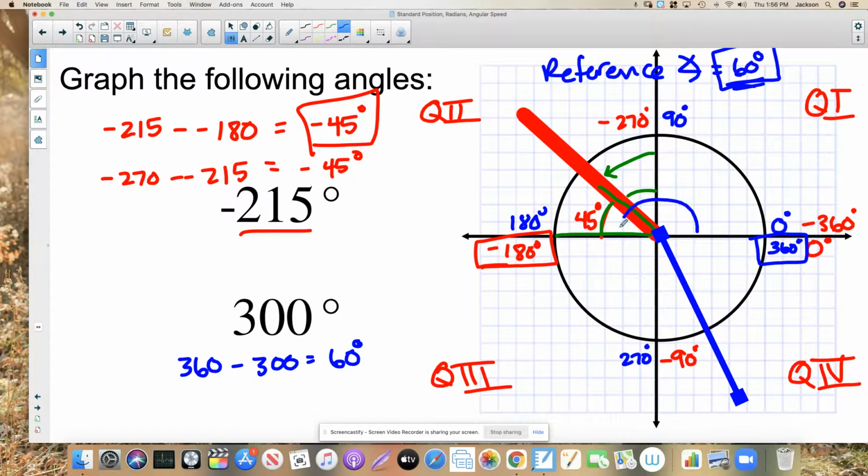You would say it's 300 or it's negative 60. So again, reference angles are always positive and they're always formed to the x-axis. But if we give the measurement of an angle, we can call it a positive measurement if we go counterclockwise. We can give it a negative measurement if we go clockwise. We'll do some more with this in radians in a little bit.